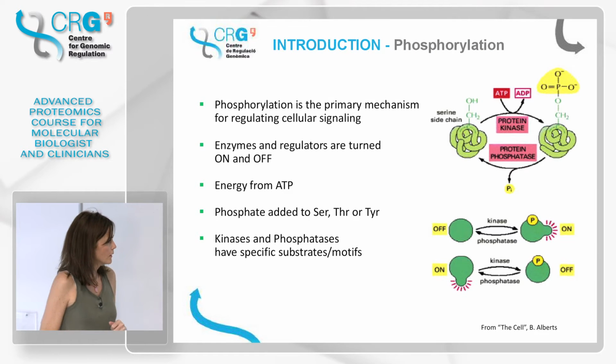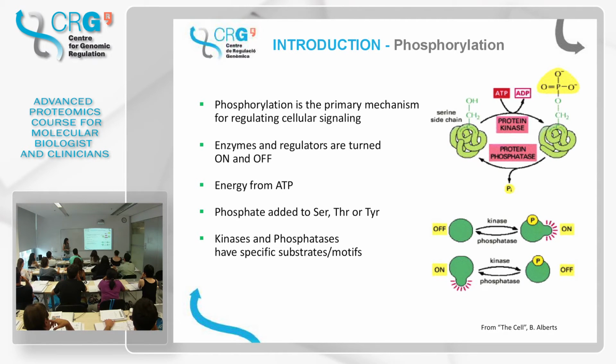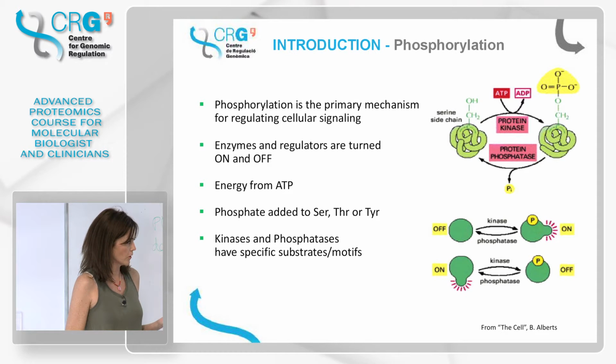Okay, so phosphorylation has drawn a lot of attention because it's responsible for a lot of the communication and cellular processes. So, cell signaling. Many times, due to phosphorylation, processes are turned on or off inside the cell.